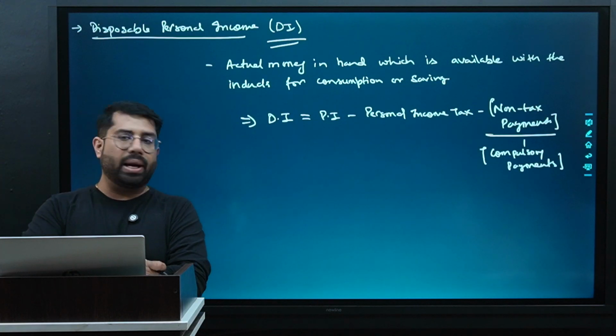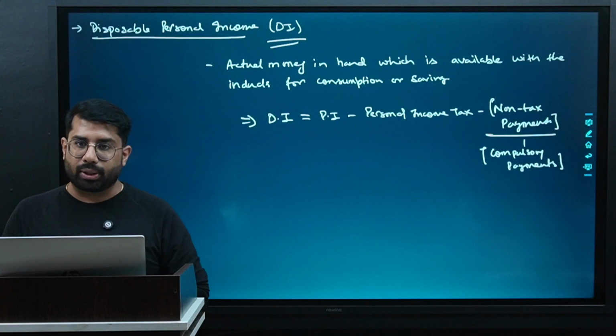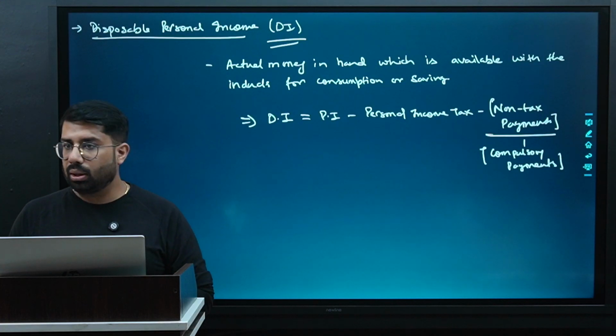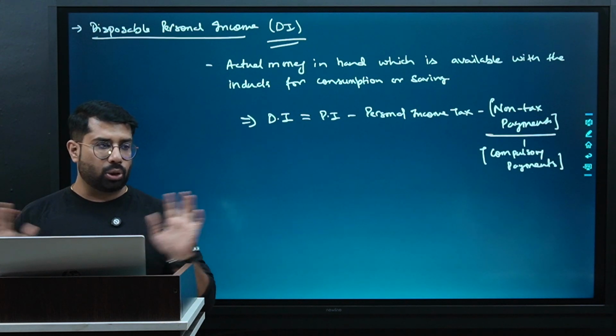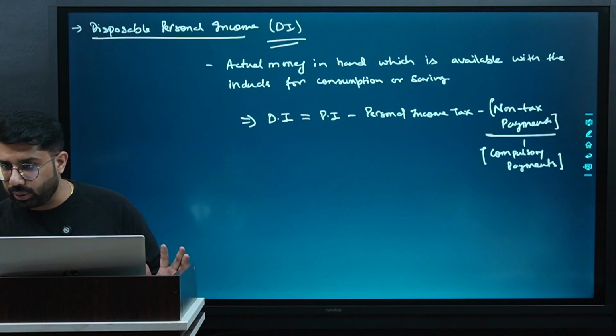Any fine, penalty, like this which are compulsory to pay, you will take all those payments here. Okay, you will get your disposable personal income. Got it? That is it. This is the topic. Nothing else. Okay? Are you understanding the points?